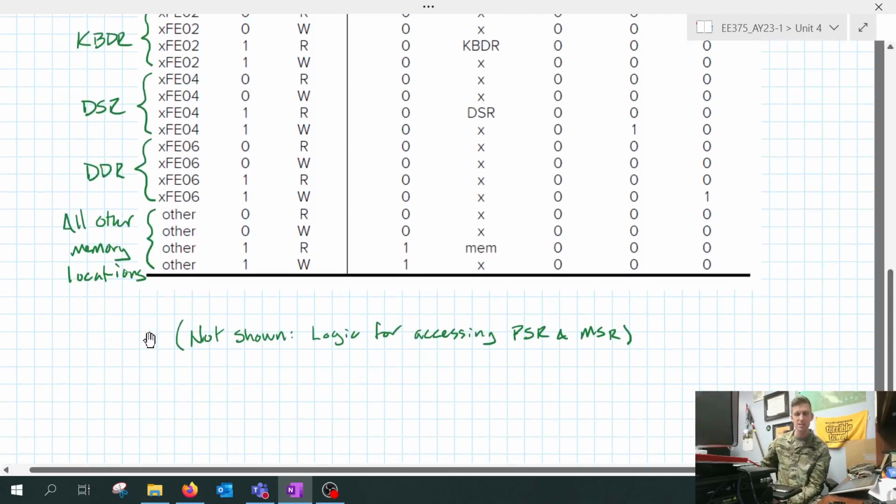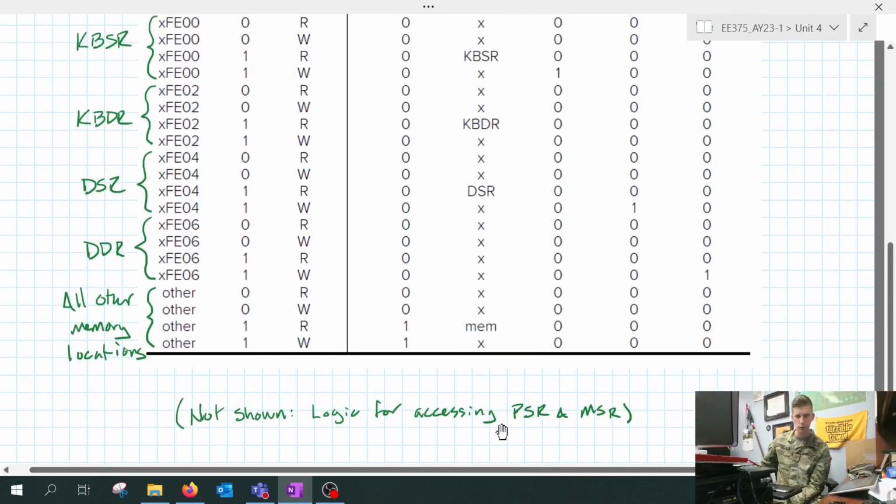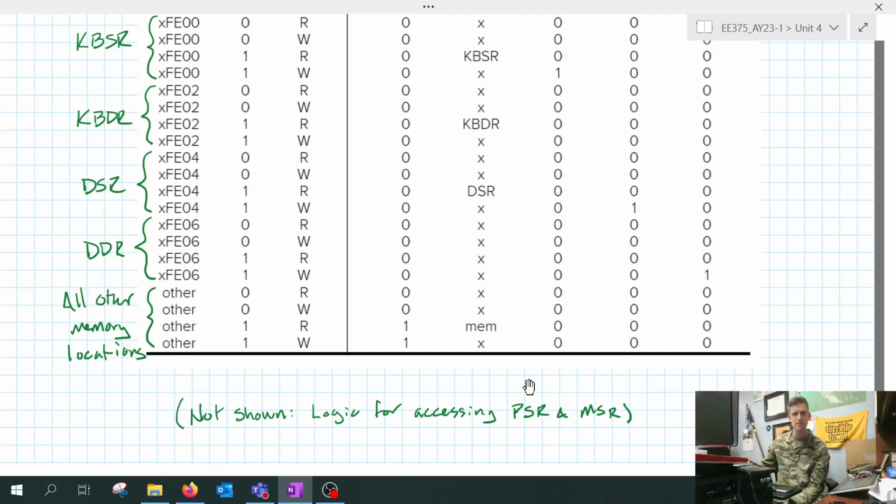Notably lacking from this truth table and really the diagram is any logic for accessing the processor status register, or I think this should be the MCR, the machine control register. Of course, from Unit 3, hopefully you remember that the processor status register has our priority bits and our global interrupt enable and things like that. There are definitely some spots in our control unit that access that directly, which we'll see in the next lesson.